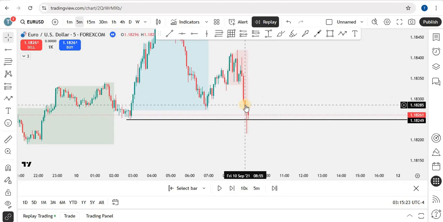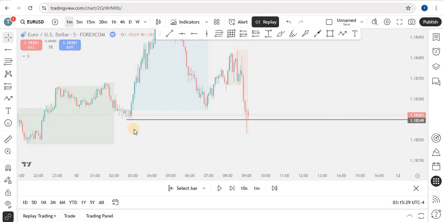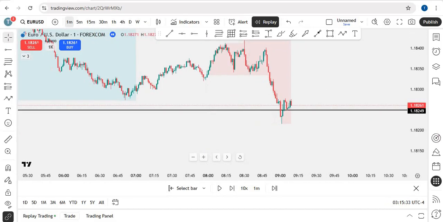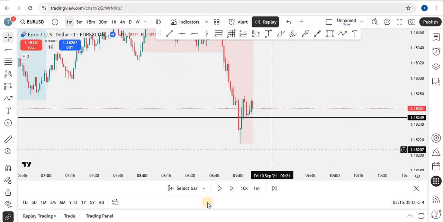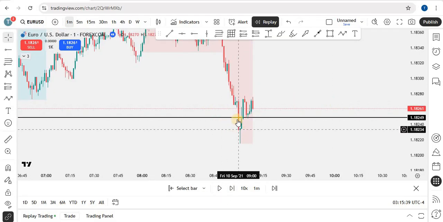Okay, timing you can see macros hour. Okay, if we go to 1 minute, we'll find something special here. We can be wrong. That's not a bad thing if you are wrong. We ripped here.